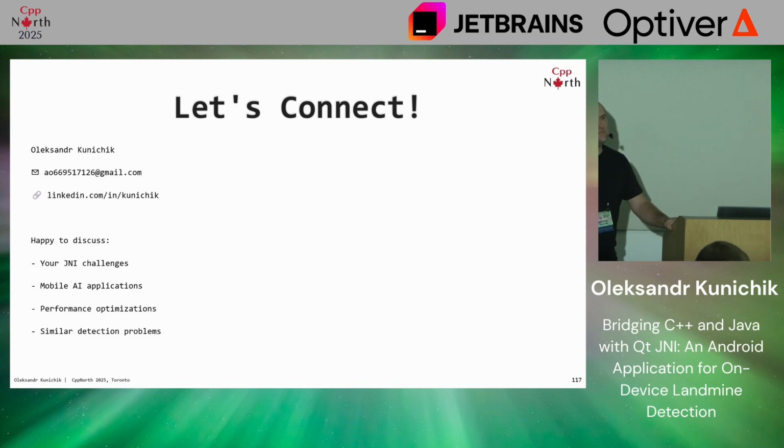But I also want to ask, are you building a UI from Java and calling JNI, or is the whole thing in C++ with some Java calls back and forth? I'm kind of confused on that.